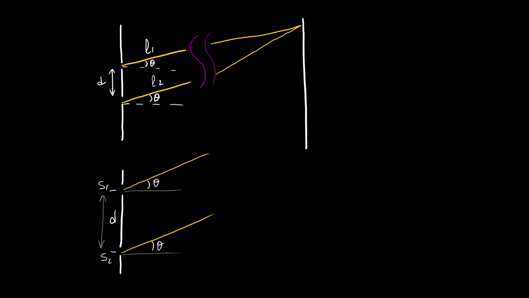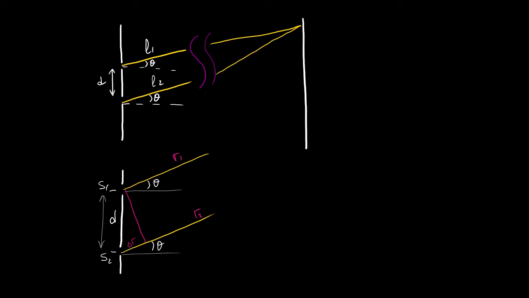So we have our path lengths R1 and R2, and the difference between these two path lengths, let's call it delta R, would be this distance.